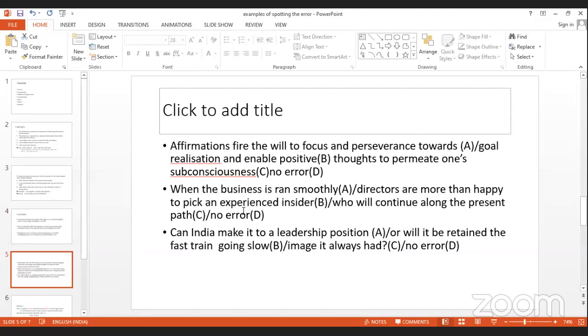The verb one form will be run, verb two form will be ran, and verb three form will be run.